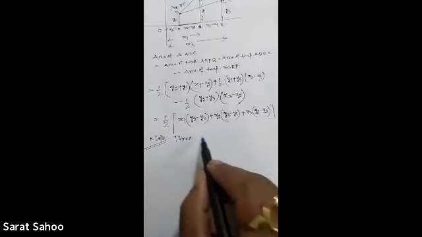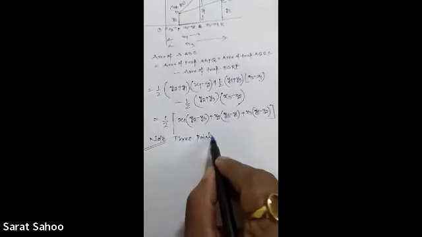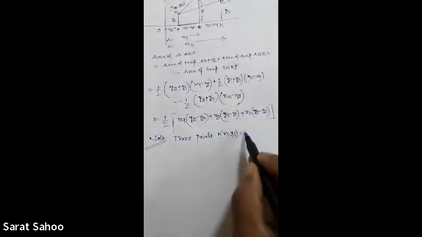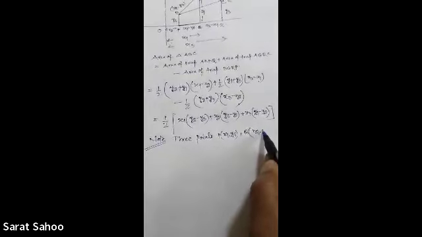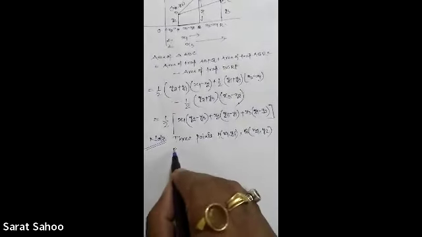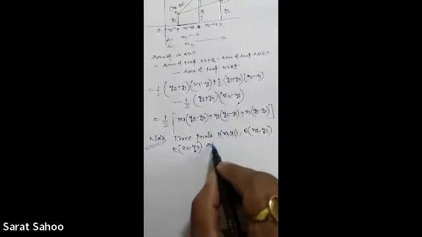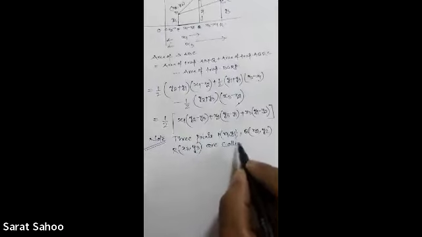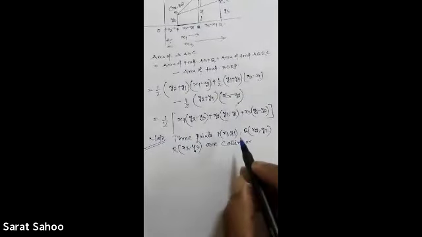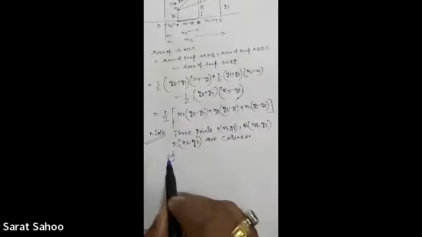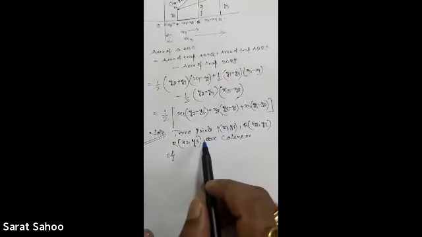3 points P x1 y1, Q x2 y2, and R x3 y3 are collinear if 3 points are collinear means they cannot form a triangle.